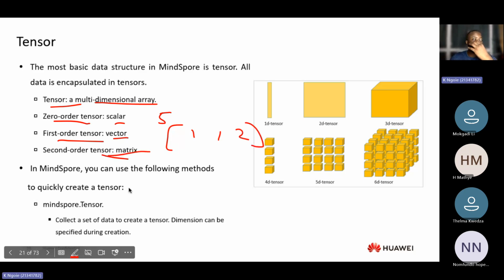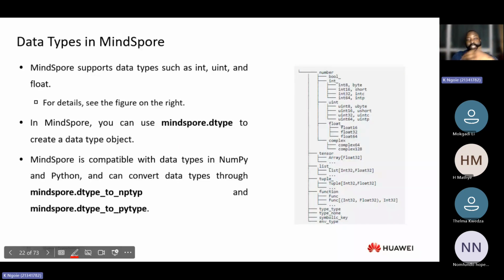In MindSpore, the way you call a tensor is by using the syntax mindspore.tensor. There are different data types in MindSpore. So what is a data type? In programming, a data type is the nature of the data you are using.